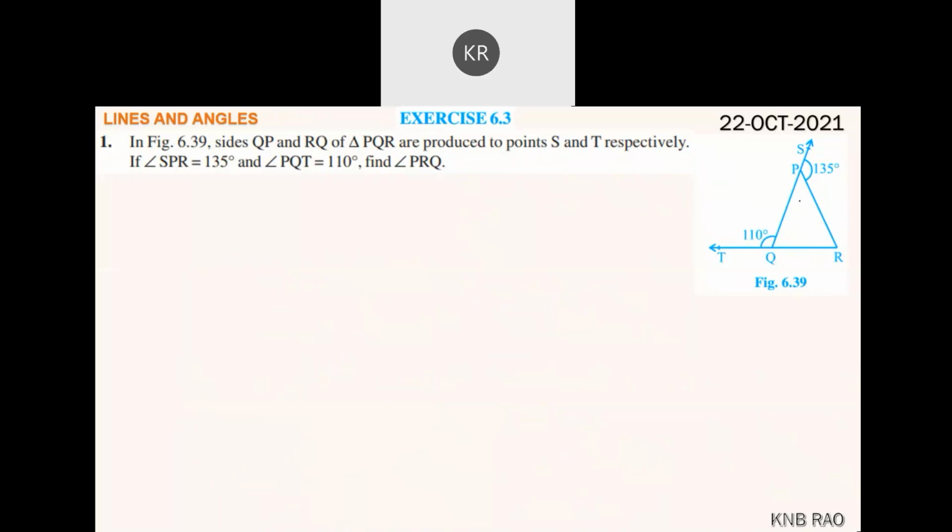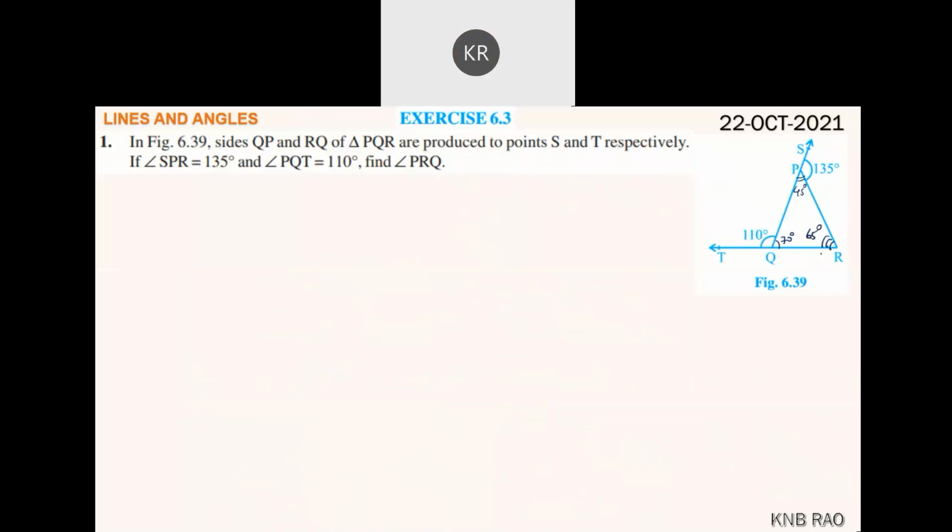Now angle PRQ you have to find out. Given 135, then tell me what is this angle? 45 degrees. You know the reason. Tell me this angle. 70 degrees. Now tell me this angle PRQ. 65 degrees. That's it. 60. Okay.